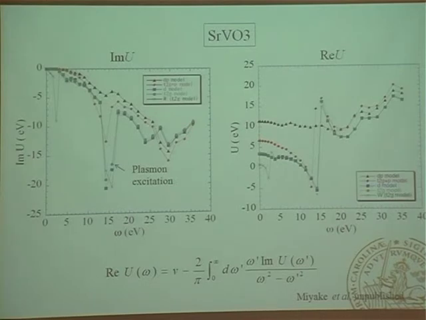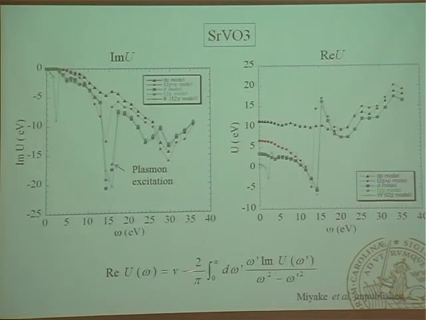So that is what we would expect, because this means that the electrons coming from the oxygen atoms, P, contribute a lot to the plasmon excitations, to the collective excitations. So that's why when you include it in the model, then the imaginary part of U does not have any plasmon excitations anymore.